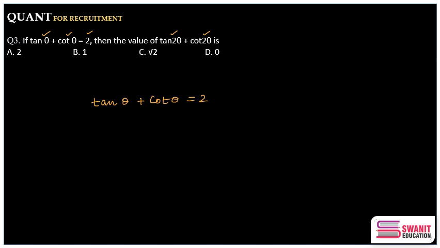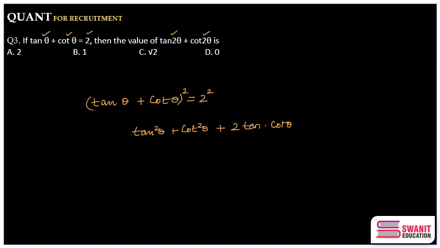Now if I square both the sides, that is (tan theta plus cot theta) square is equal to 2 square, I will be getting tan square theta plus cot square theta plus twice of tan theta multiplied by cot theta, that is a square plus b square plus 2ab.